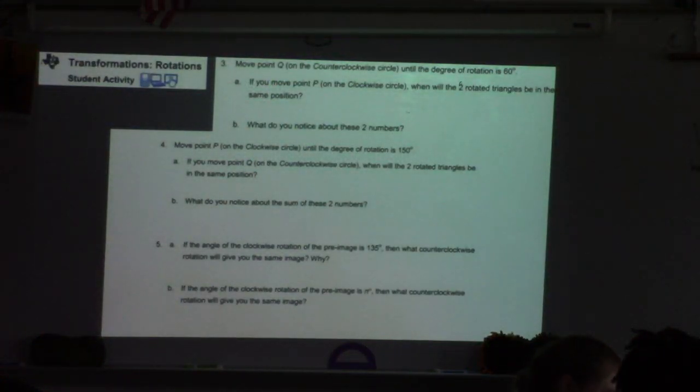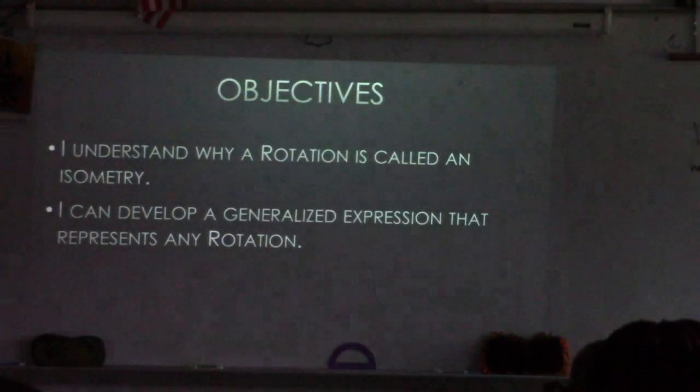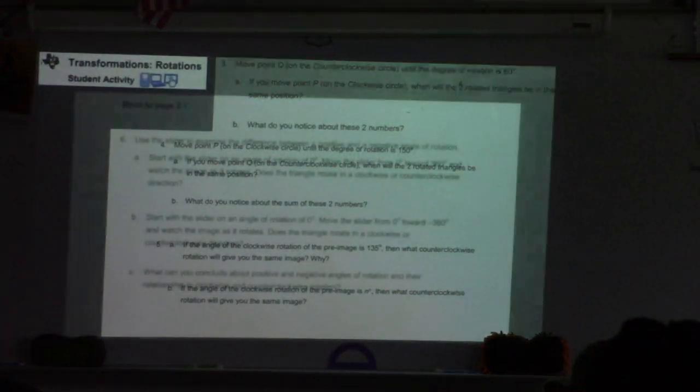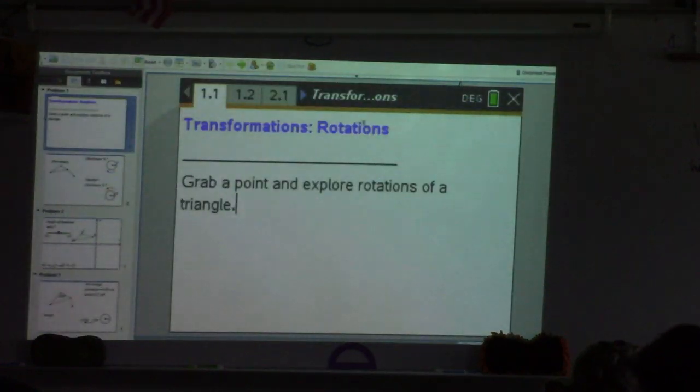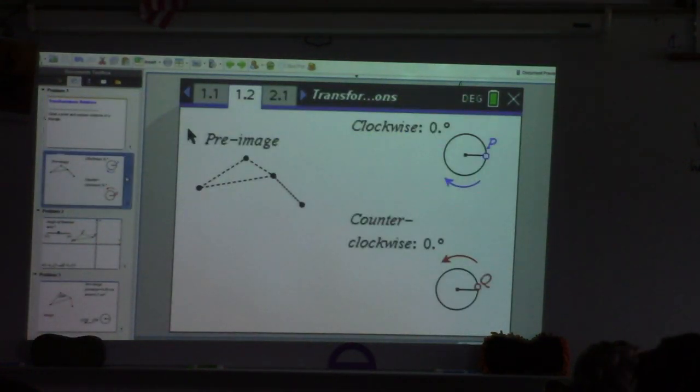Why did I skip numbers 1 and 2? For some reason on my slides I am missing a slide. That's my fault, but you have it on this sheet. Notice on page 1.2, this is where you should be looking right now.